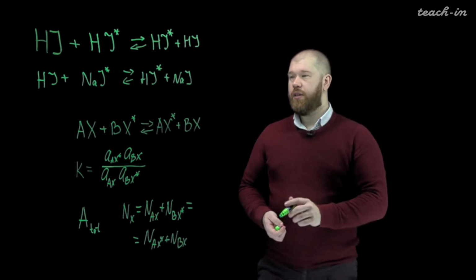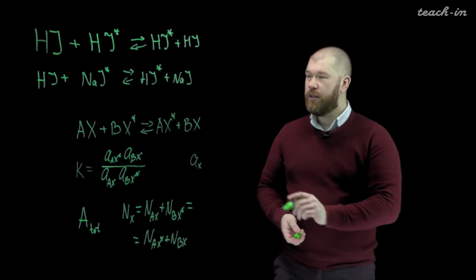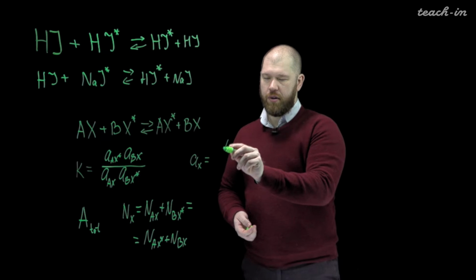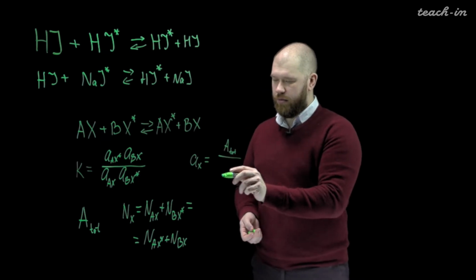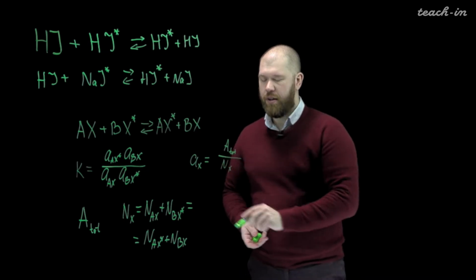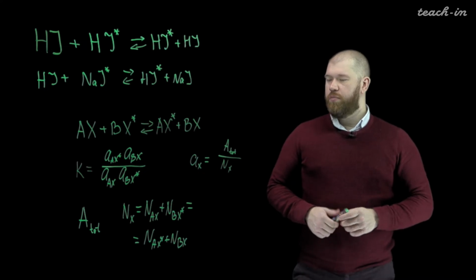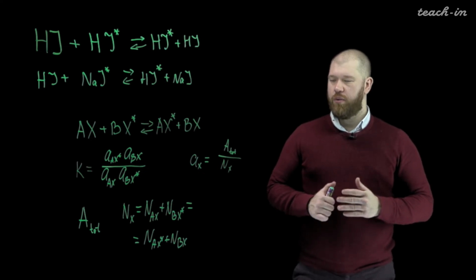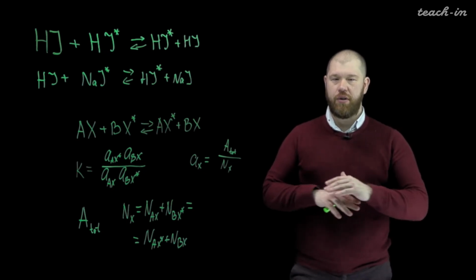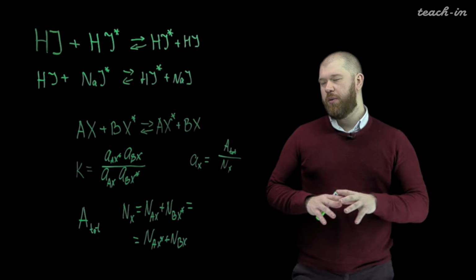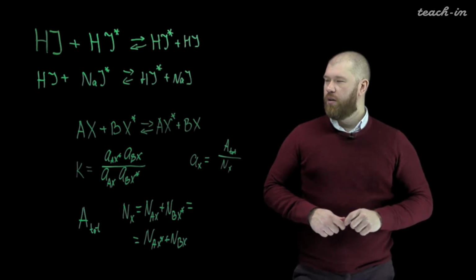And then the specific activity of this element X in the system will be A total divided by this number of X atoms. So again, what is important, that the activity will be distributed homogeneously between all atoms of element X.